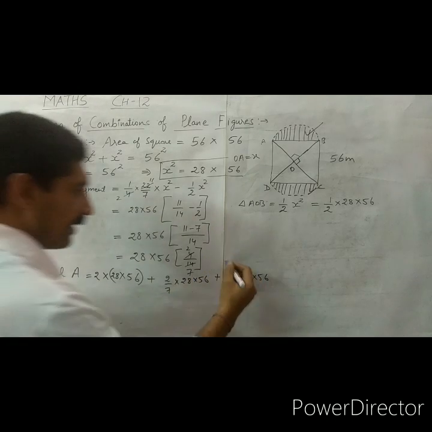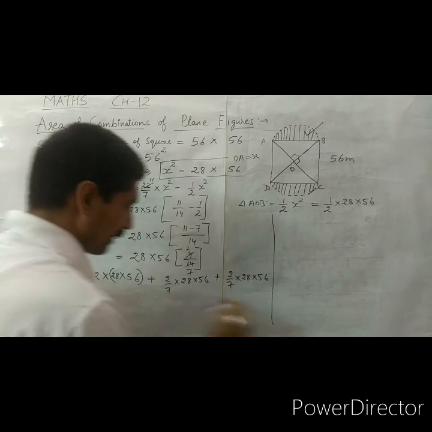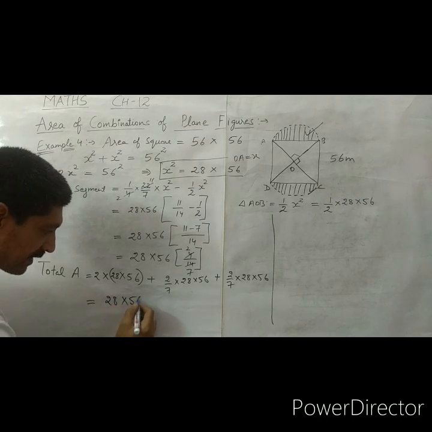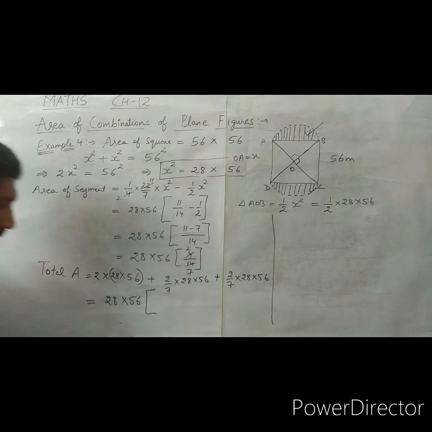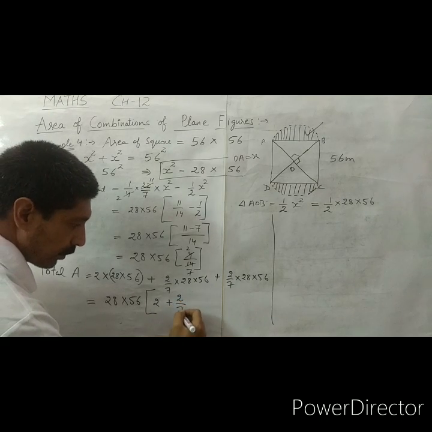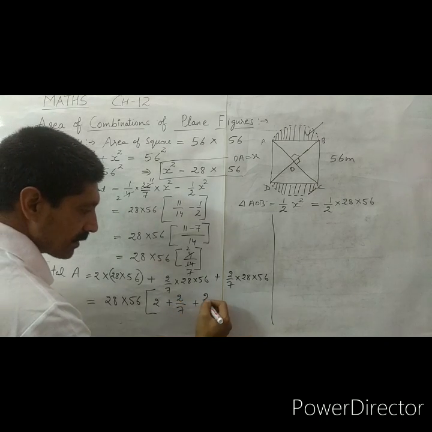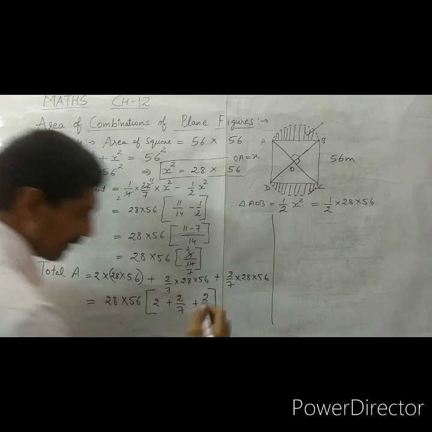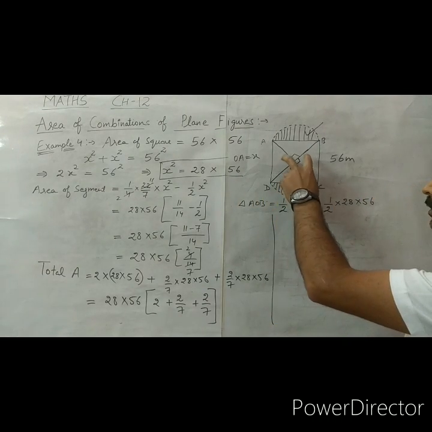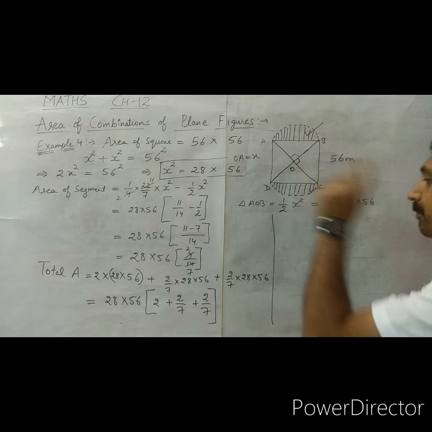So this area is, further, 28 into 56 common, times 2 plus 2 upon 7 plus 2 upon 7. So this is the total area of the lawn and 2 flower beds.